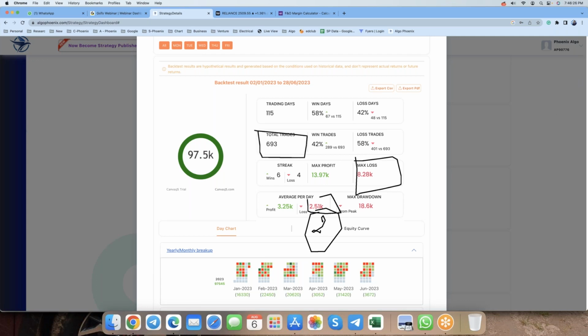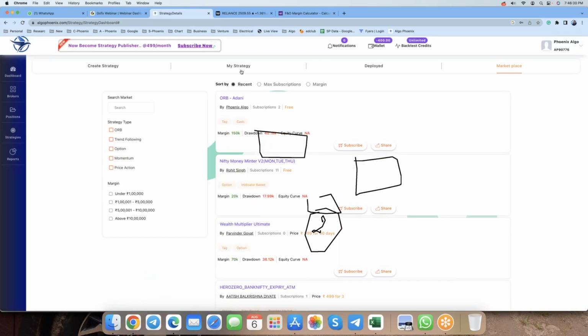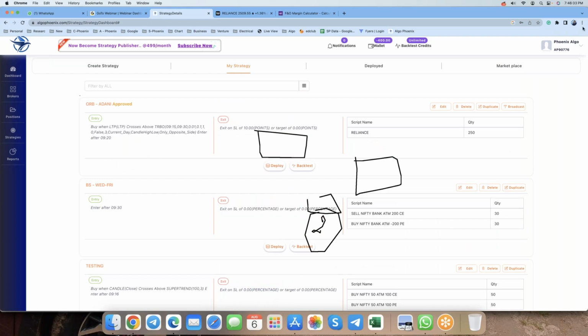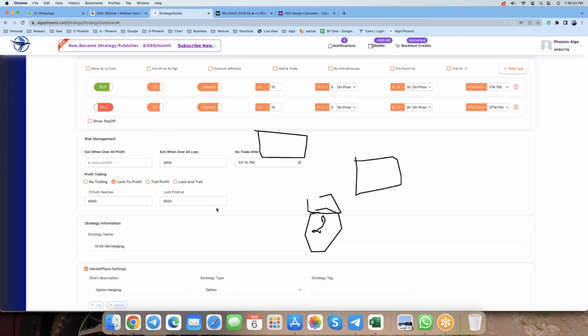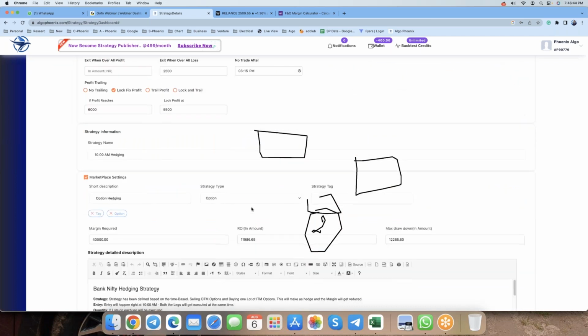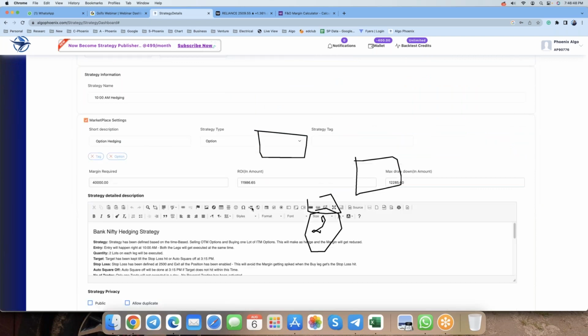How do you reduce it? Right? You have to go to the strategy. Okay, for example, we are doing this trade on Nifty. I'm showing in the strategy. So go here, reduce the number of trades while deployment.